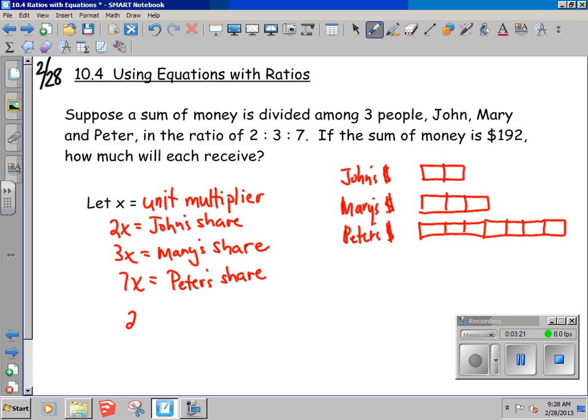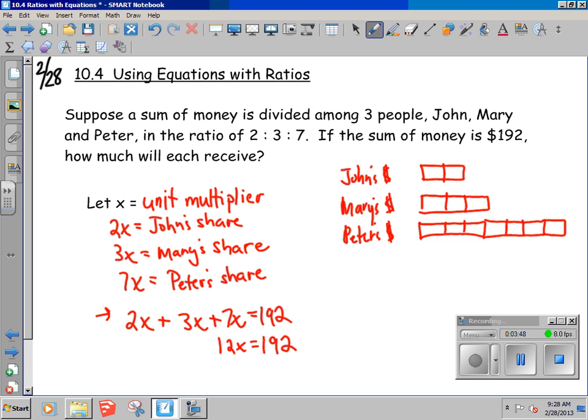So actually, before it's simplified, you could write 2x plus 3x plus 7x equals 192, because it says the sum of their money is $192. So that's the equation that matches the ratio. Margaret simplified it right away. It said 12x equals 192.